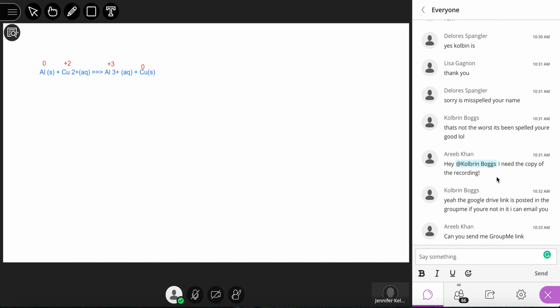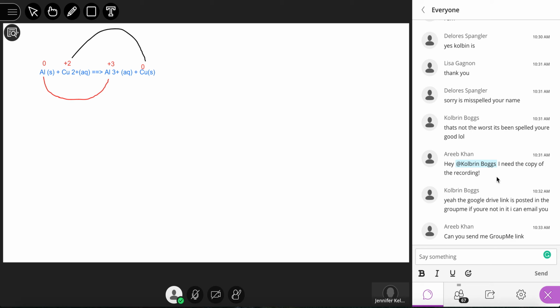So we want to check and see whether or not the oxidation number changes when we go from one side to the other. And it does in both cases, because the aluminum is 0 on the left, but on the right it's plus 3. So that changed. And then on the left, copper is plus 2, but on the right it's 0.